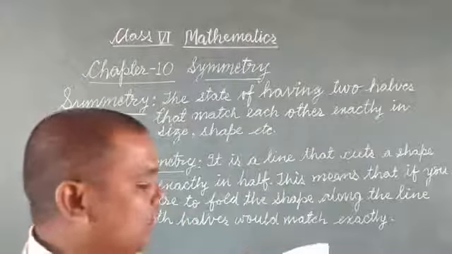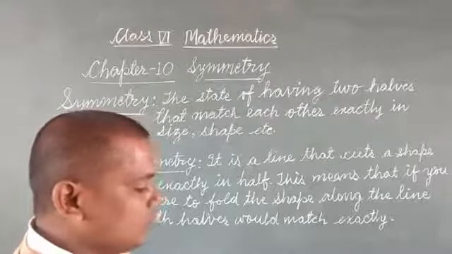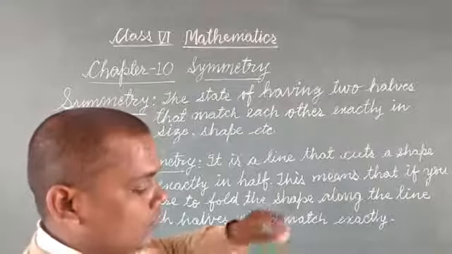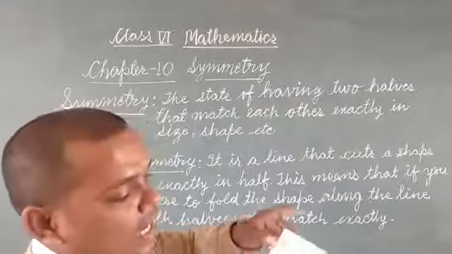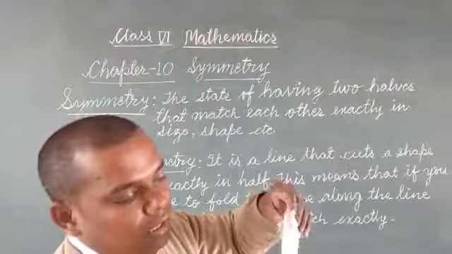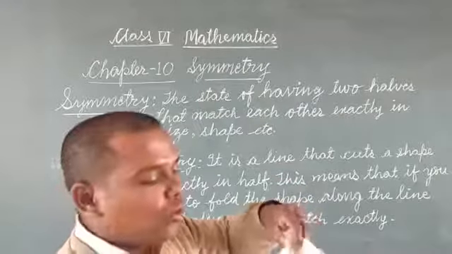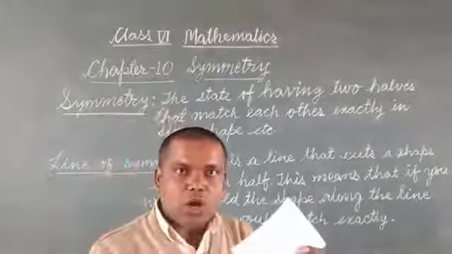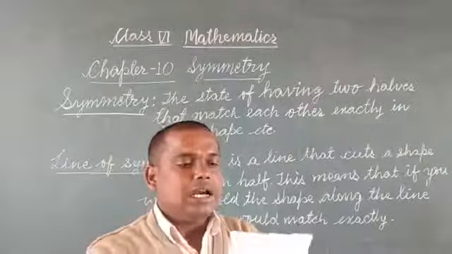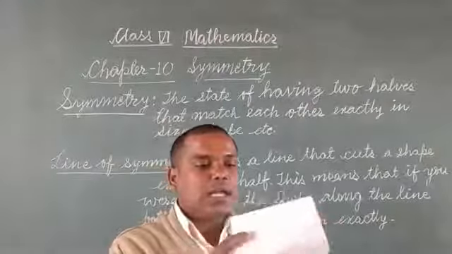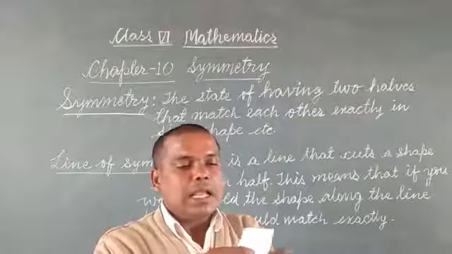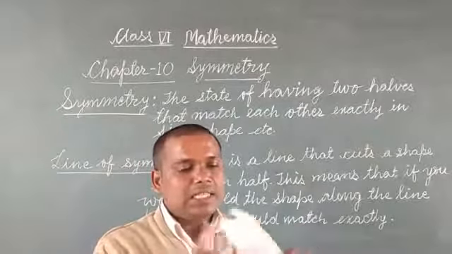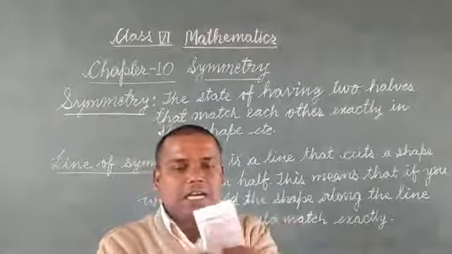Now along this diagonal also I am going to fold it, exactly matching the half. So there are two lines of symmetry along the diagonals of the square. Now I am going to fold along the side, in between. See, one more we are seeing, this part and this part exactly matching.